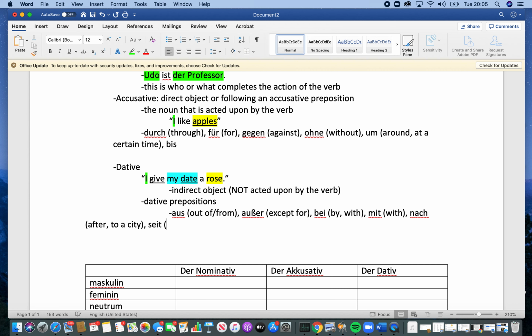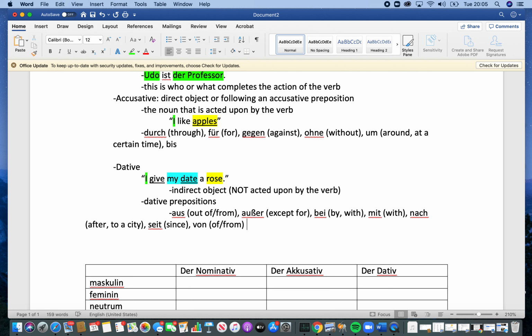Seit, since. Ich arbeite seit 5 Jahren bei der Firma would be like I'm working 4 or 5 years, even though I'm saying since 5 years at this particular office or company. Von, of, or from.